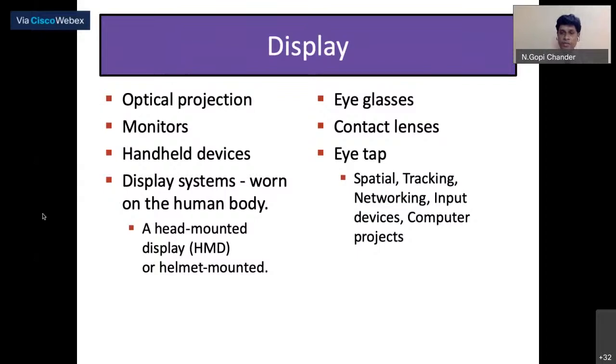A lot of games available in the market use head-mounted devices. Eyeglasses, the commonest example being Google Glass, and you have advanced versions of these in eye tap systems and contact lenses. So all these are the display models available in the hardware that differentiate your augmented reality systems.